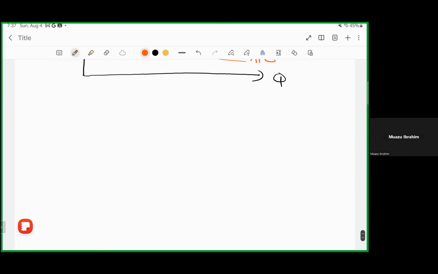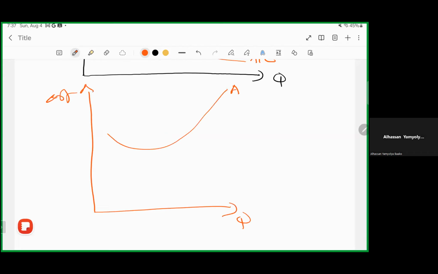Now, when you pick this as the average cost, then the marginal cost curve will cut it from below. Why?